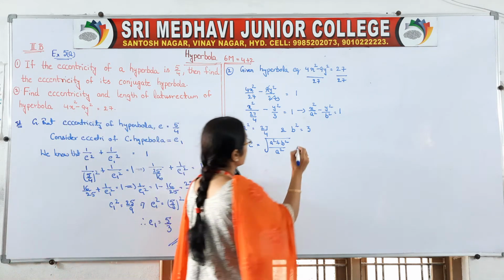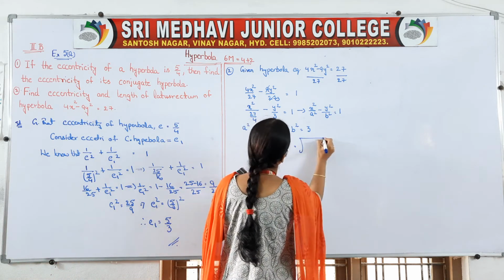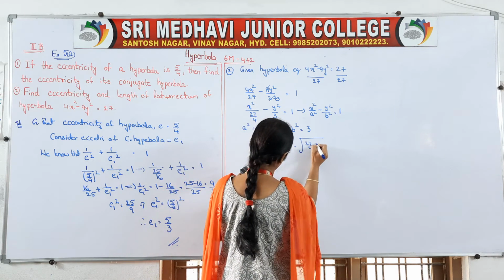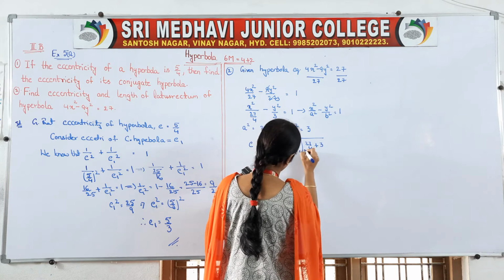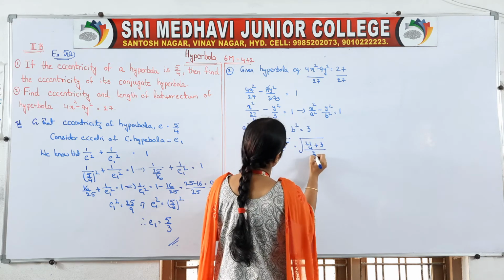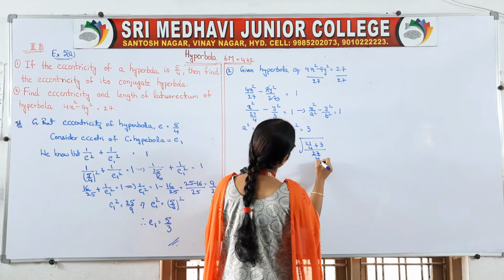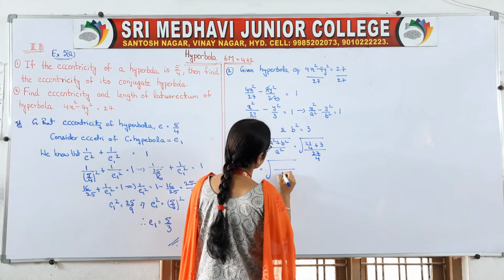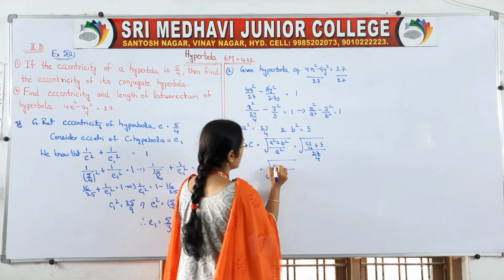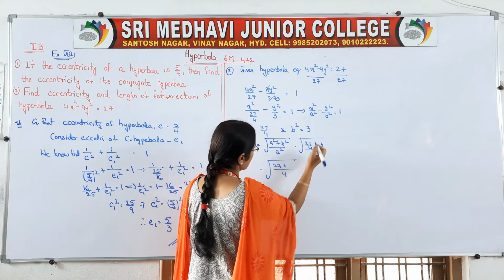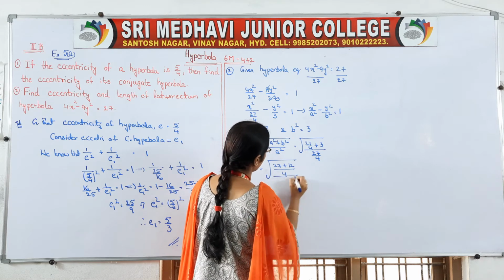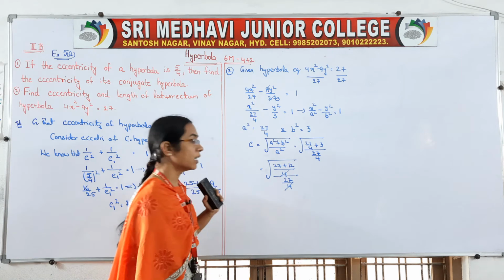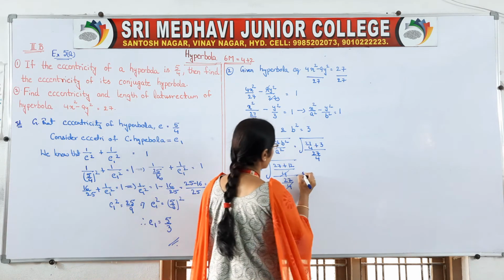So e is equal to root of a square, which is 27 by 4, plus b square, which is 3, by a square, which is 27 by 4. What is the LCM? 4 is the LCM. 27 plus 4 threes are 12, by 27 by 4. So the 4s cancel.